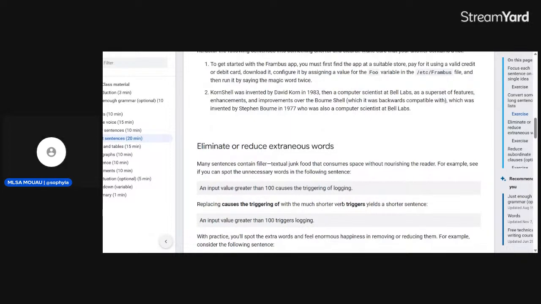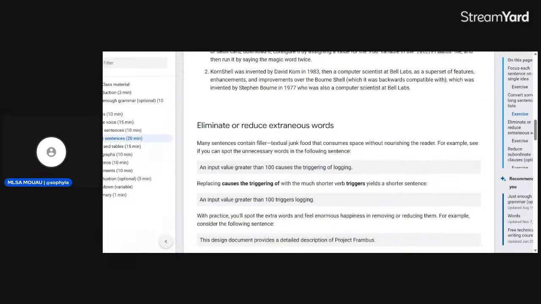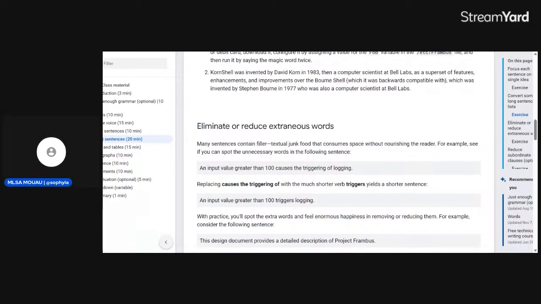You are not trying to confuse your readers. So instead of using big words, try using small words that would pass the same information.